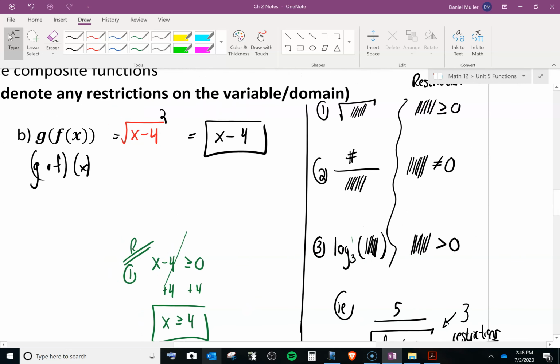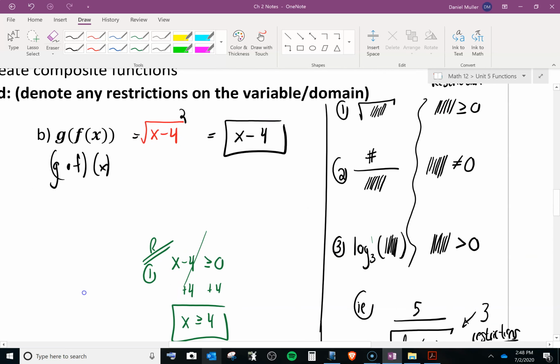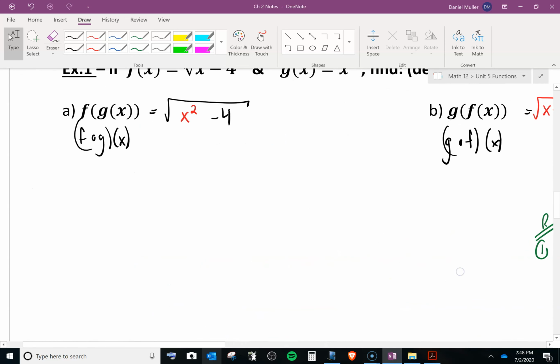Now the next one is not so easy. We've got x squared minus 4 in a square root symbol. There was no simplifying. So the restriction here, exactly the same, is number 1. It's the x squared minus 4. The inside has to be bigger than or equal to 0.